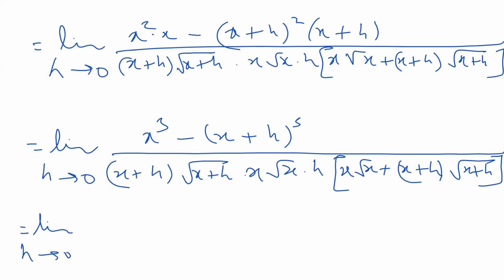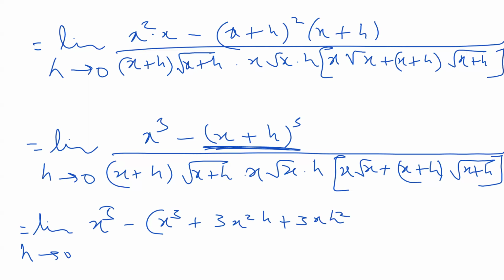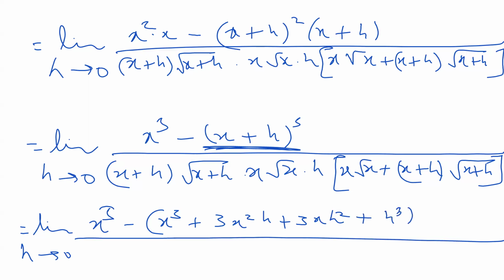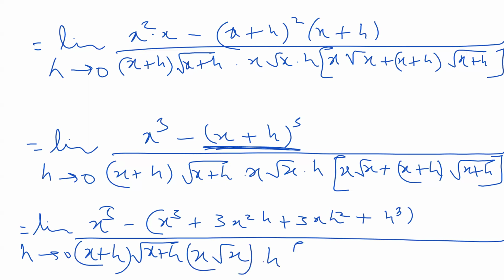You can do a cube minus b cube in the numerator, or you can just simplify this as a plus b the whole cube. I'll do a plus b the whole cube. a cube plus 3a square b, 3ab square plus b cube, upon x plus h root x plus h. This is a very big term and quite boring as well to write again and again.